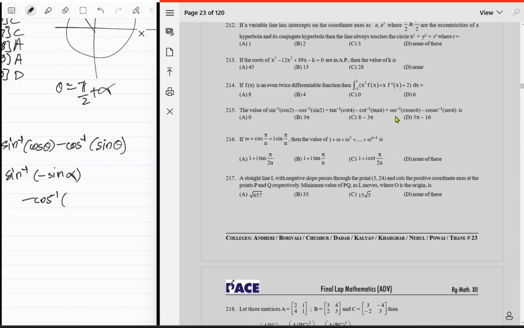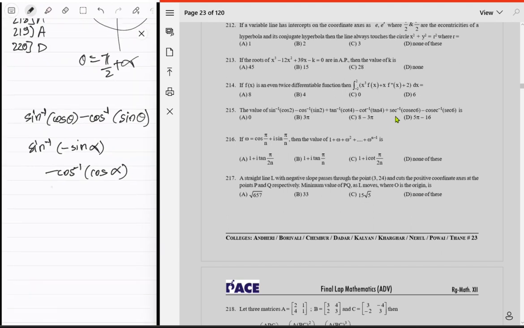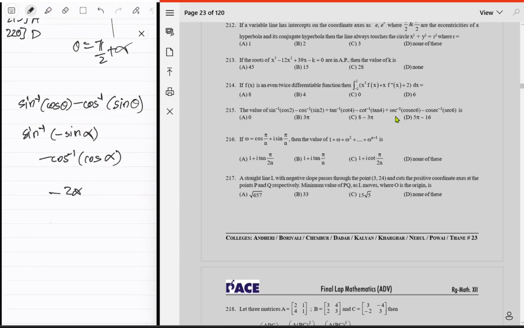Sine of theta is cosine of alpha in this case. So basically theta minus pi upon 2, but negative of that is pi minus 2 theta.